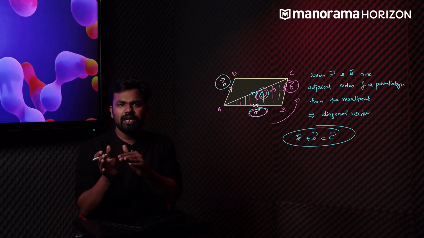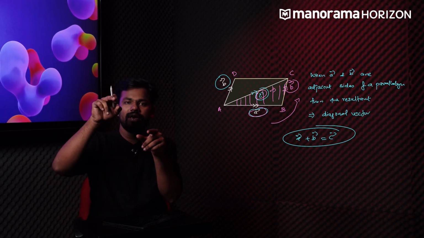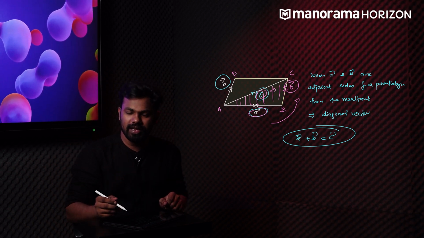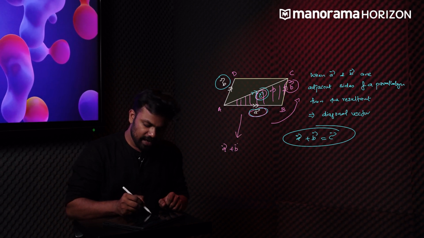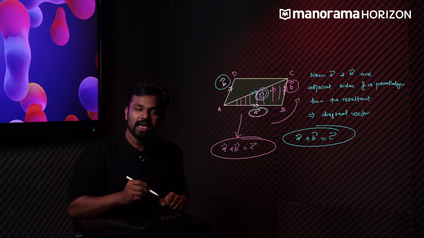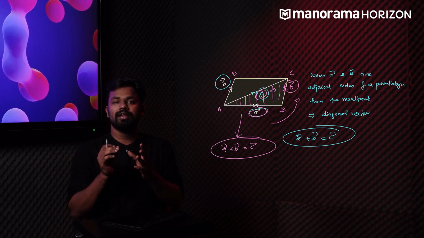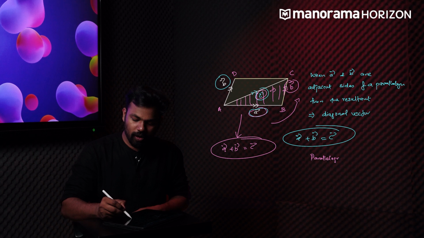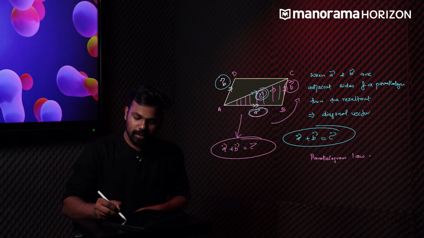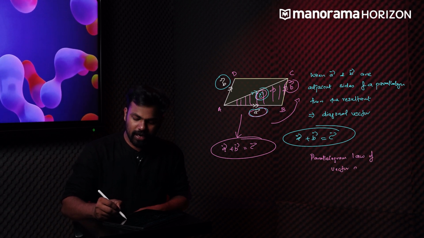Yes. So inside that parallelogram, a triangle of vector addition can be applied. According to the triangle law of vector addition, if I apply that, will I get A plus B is equal to C? Yes. So that is how I am getting that, using the new law, which is called the parallelogram law of vector addition.